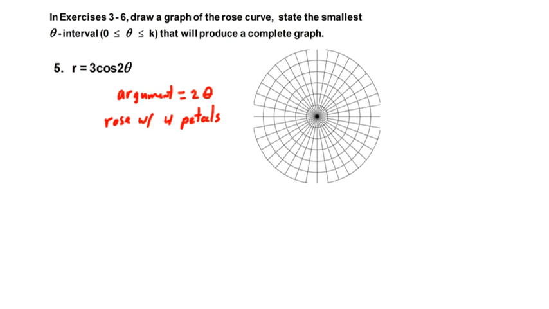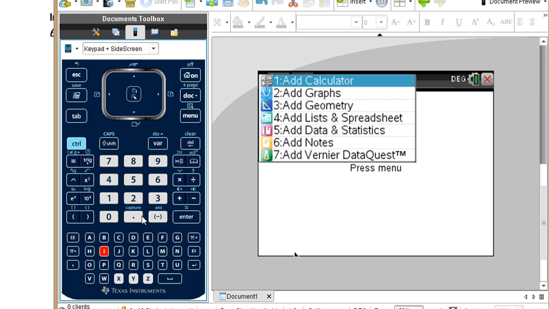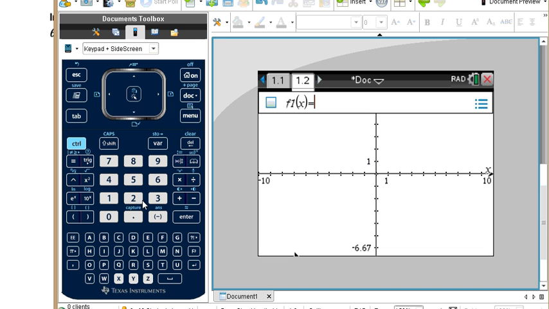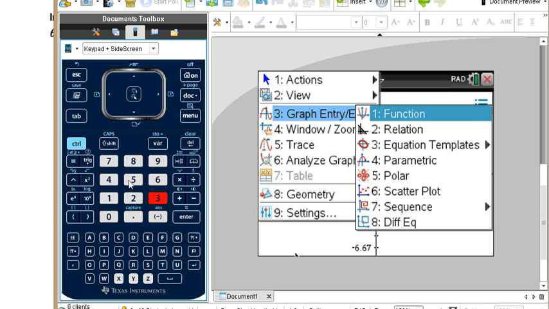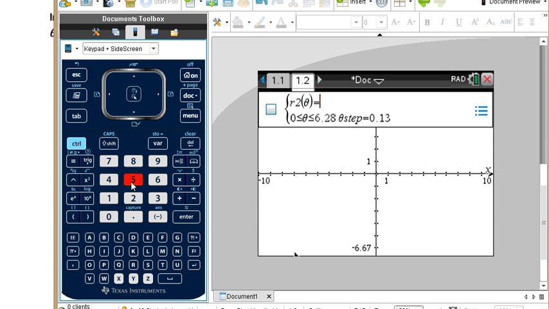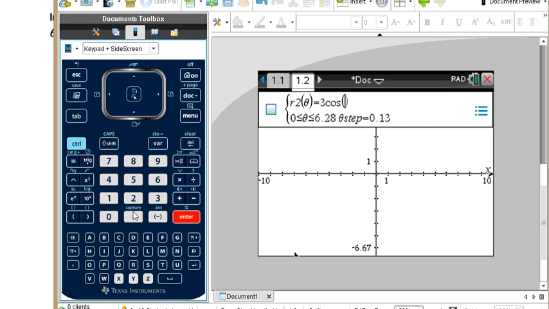But going back to our calculator, we'll go graph entry edit, 3, 5 polar, and for this we're going to put down 3 cosine 2 theta.